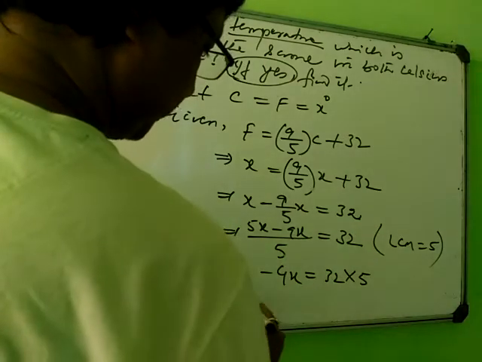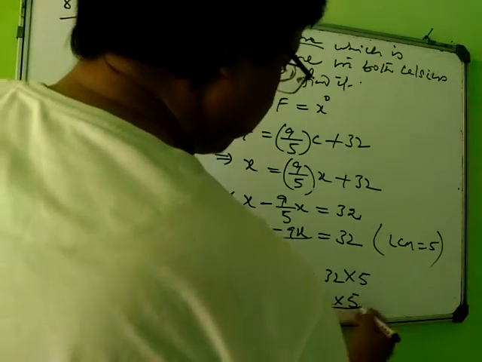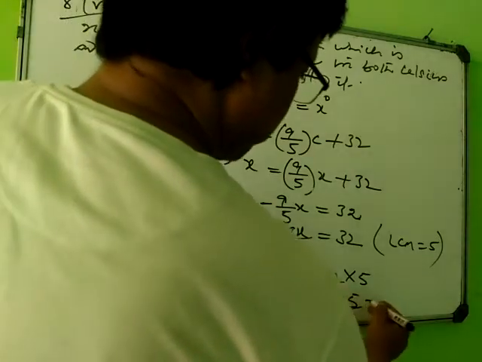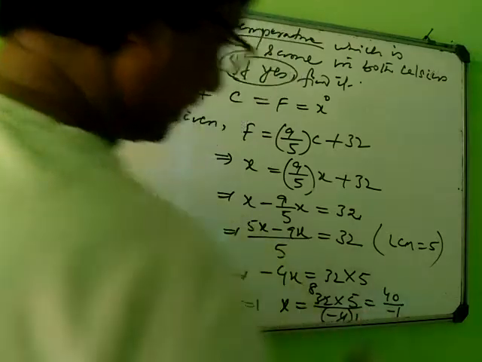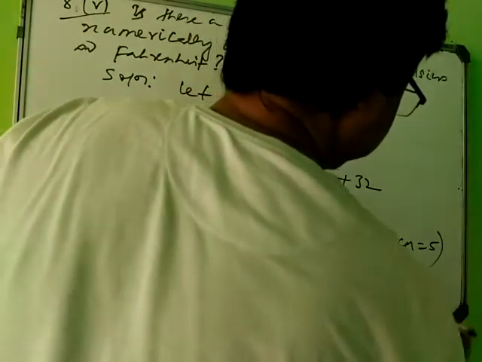So here x equals 32 into 5 divided by minus 4. So you got 40 by minus 1. That means you have got minus 40 degree.